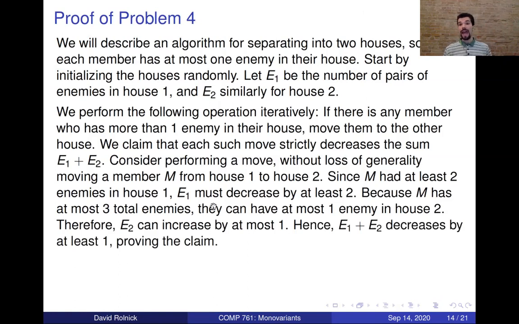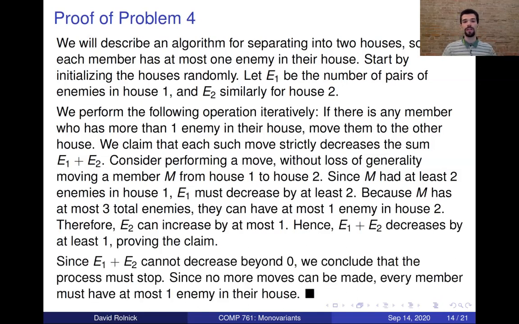Now, how do we show that this actually solves the problem? Well, we know that this monovariant is not going to decrease beyond 0, because it's the sum of enemies. You can't have negative numbers of enemies. So it can't ever get lower than 0, which means that our process has to stop. And when does the process stop? You could always make a move if there is somebody who has at least 2 enemies in their house.